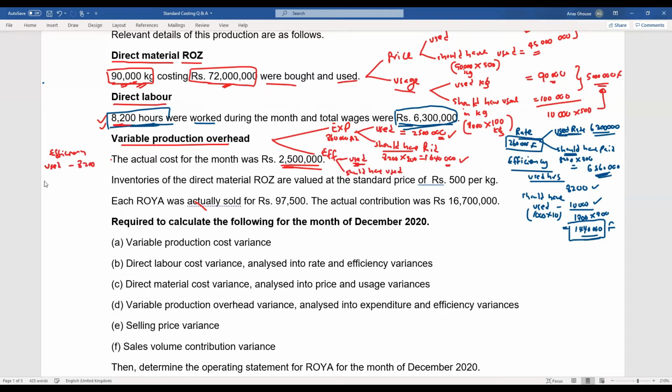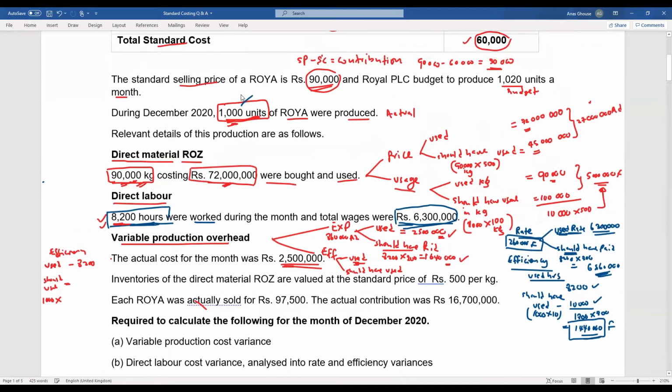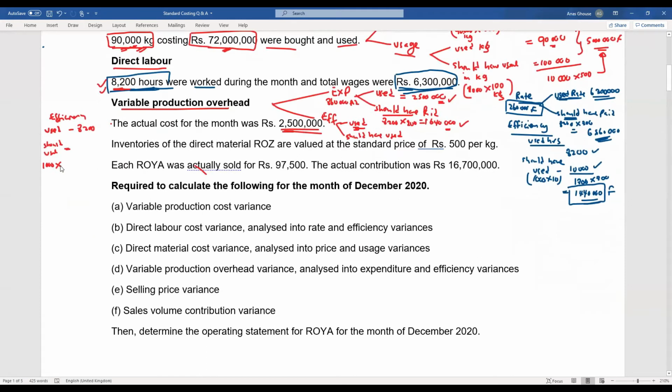How much should we have used? Our actual production is 1,000 units. To produce 1,000 units we need 10 variable production hours per unit. So 1,000 units times 10 will be 10,000. So the difference is 1,800 hours.